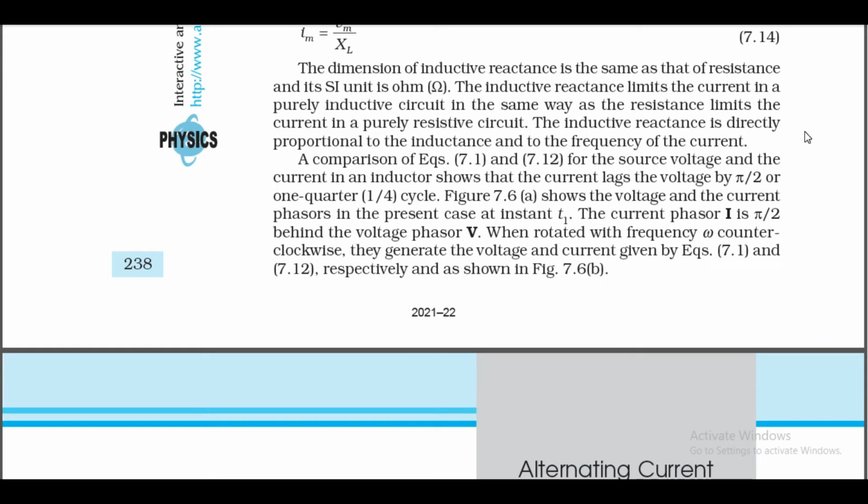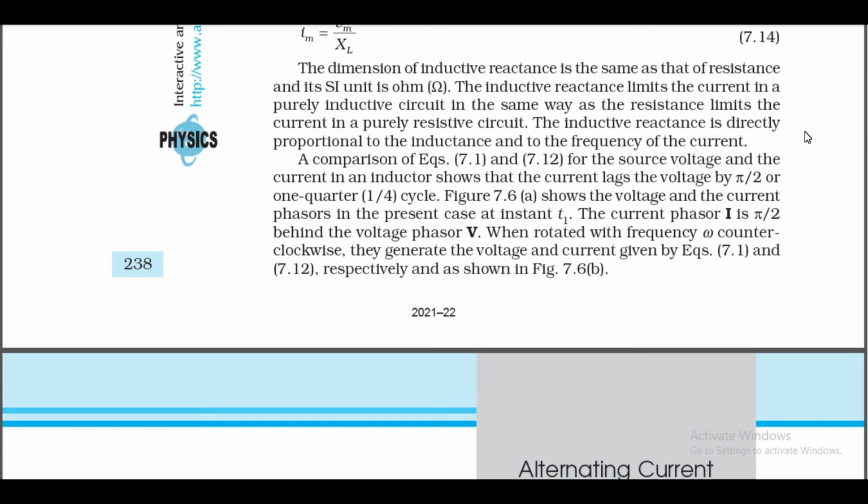The inductive reactance limits the current in a purely inductive circuit in the same way as the resistance limits the current in a purely resistive circuit. The inductive reactance is directly proportional to the inductance and to the frequency of current.